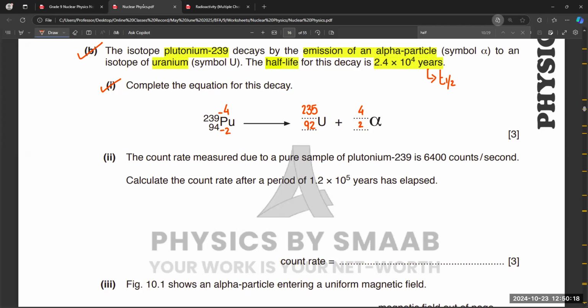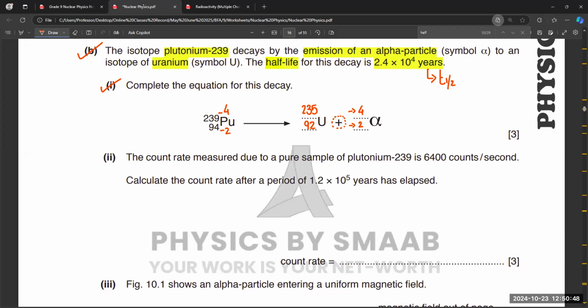So you just need to know the basics of the alpha particle. We know alpha is equal to the helium element, right? In the helium element, we have two protons and four nucleons. So in the subscript we write two, and in the superscript we write four. So for alpha, first of all, we write two and four. And you can see there is an addition sign.